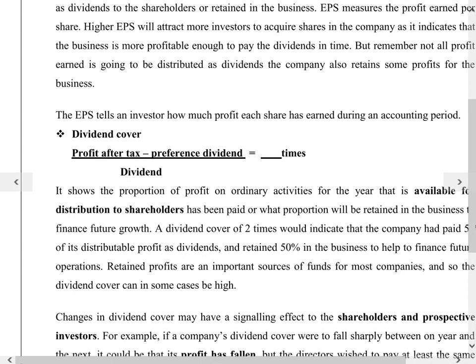Dividend cover is the profit divided by the dividend. Just now, how much is it? 50,000 profit after tax. I must pay off the dividend, and this is the balance for the shareholder.